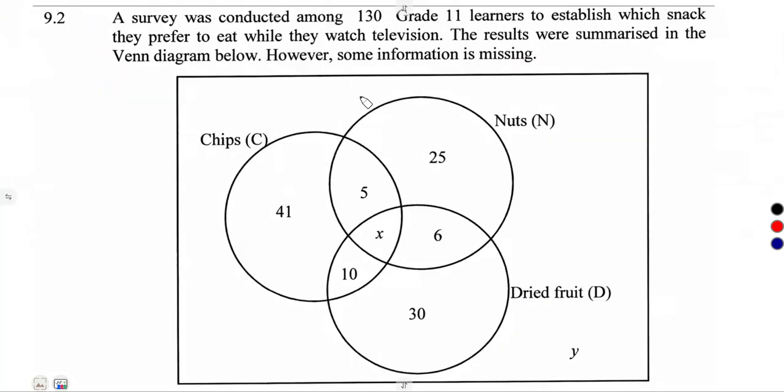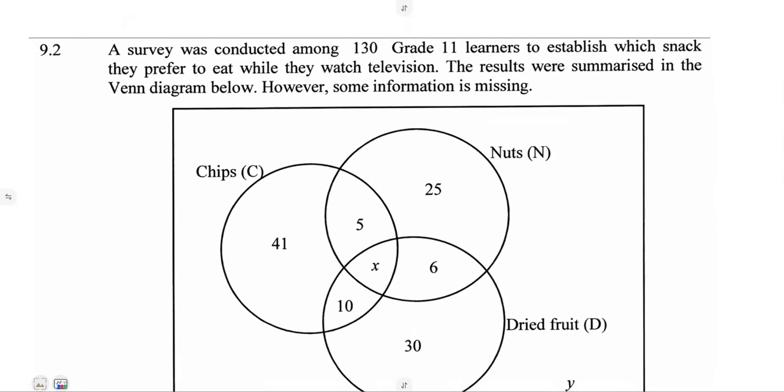All right, let's consider another part. In question 9.2, we are given the Venn diagram with the information. A survey was conducted among 130 grade learners to establish which snack they prefer to eat while they watch television. So there are 130 of them.